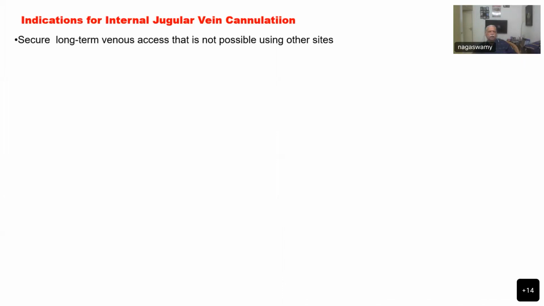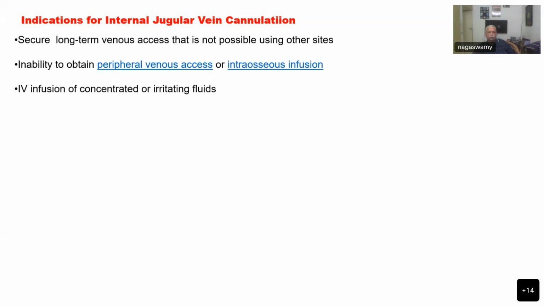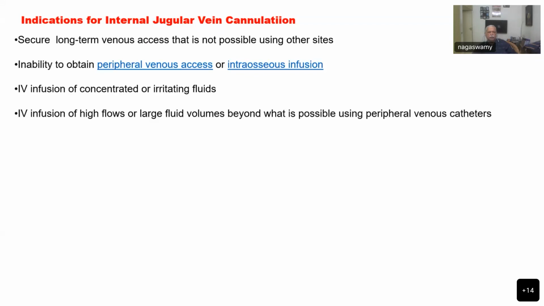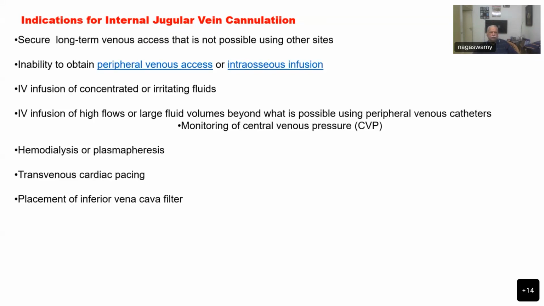Anyway, just to recap: long-term venous access when it is not possible from other sites, and inability to obtain peripheral venous access; IV infusion of concentrated or irritating fluids; IV infusion of high flows or large fluid volumes, which cannot be done by mere peripheral venous catheters; monitoring of central venous pressure, hemodialysis or plasmapheresis, transvenous cardiac pacing, placement of IVC filter, and pulmonary arterial monitoring through the internal jugular cannulation.